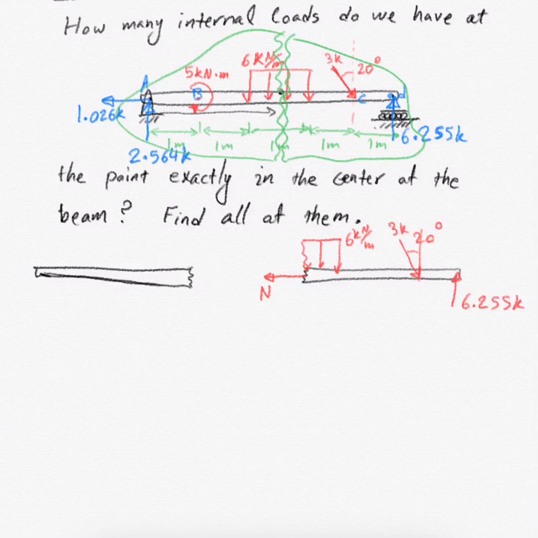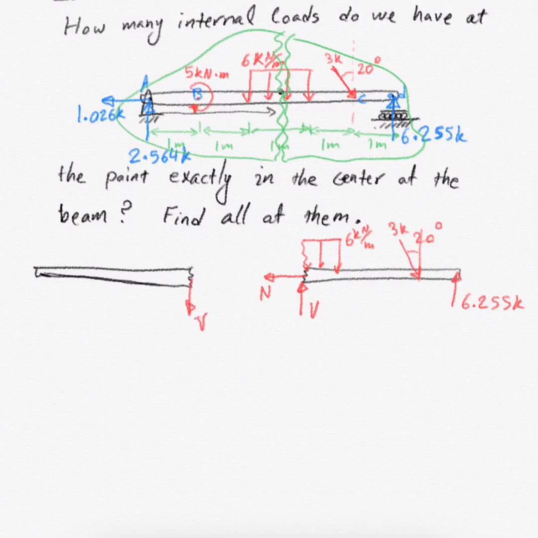Just call it N, don't put a subscript, it makes it easy. And then V goes up, that's very important. I saw some students put V down. These three components, on the right part, V always goes upward, then on the left part, V goes down, according to Newton's third law.